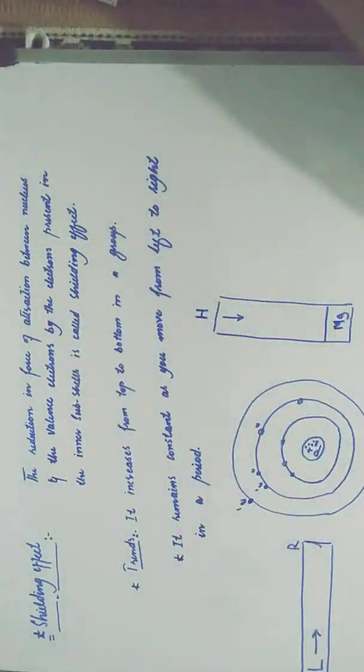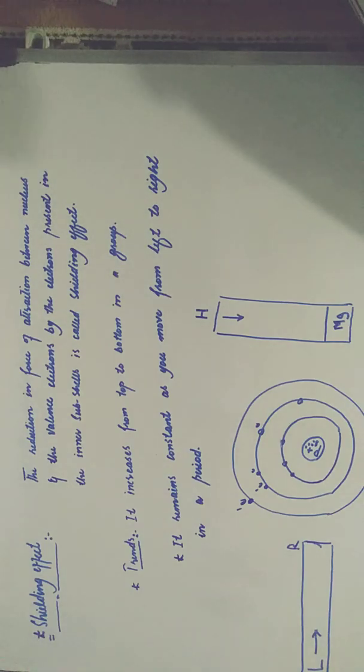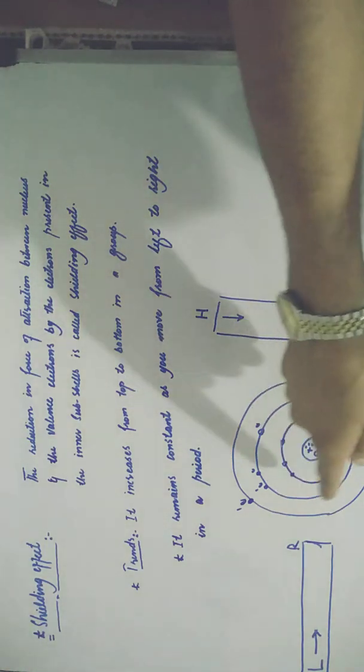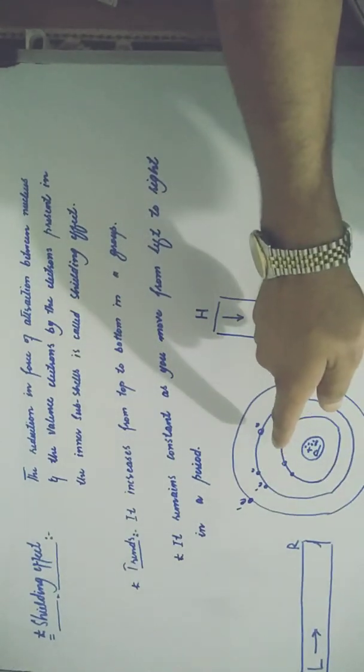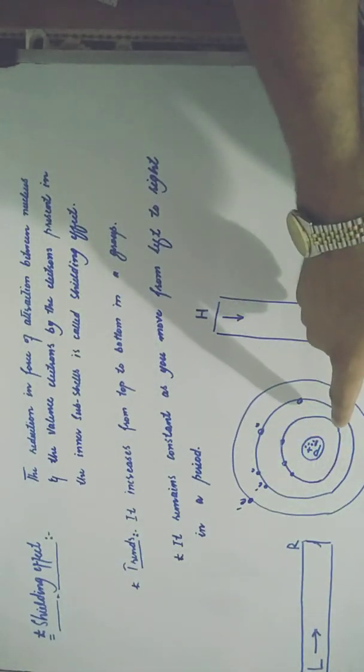So why does this shielding effect remain constant as you move from left to right in a period? Because as you move from left to right, you only increase the number of electrons in the shells.